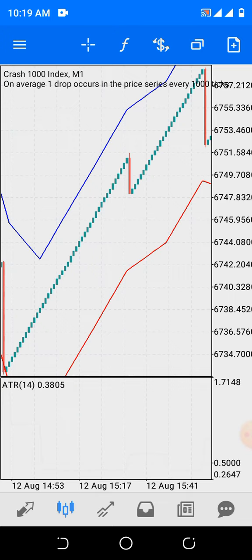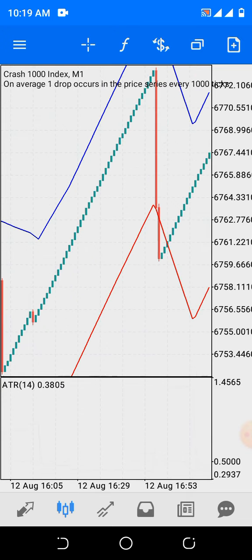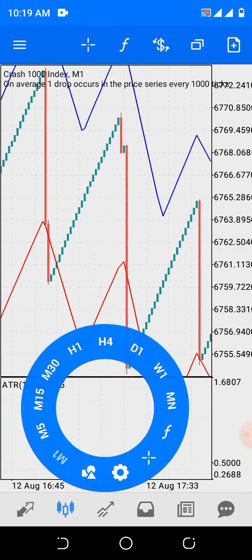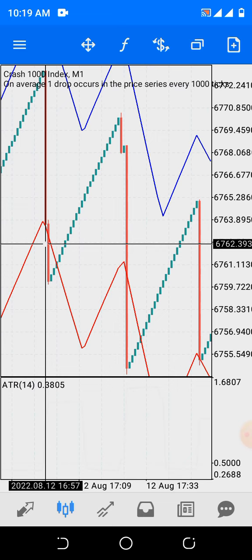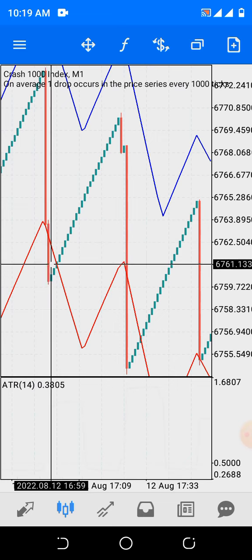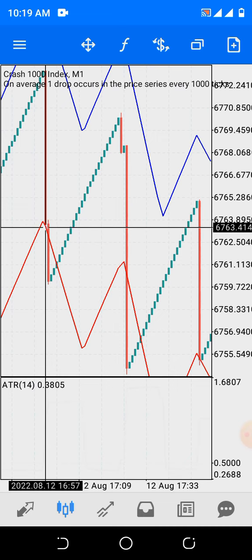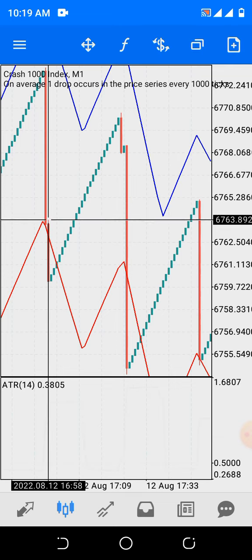Here is another entry. After the closing of this candle, now if you watch here, this particular spark touches this red line, but the next candle still sparks. Do you understand? That's why I said after the closing of the first green candle.